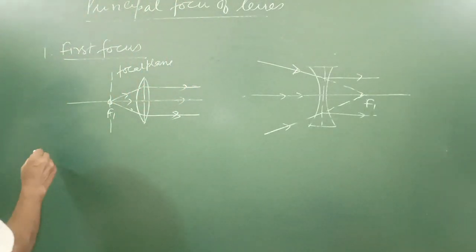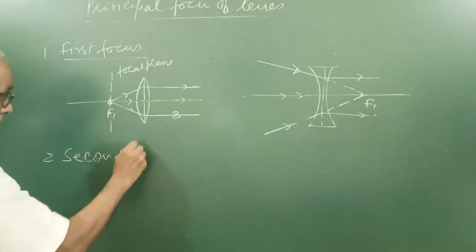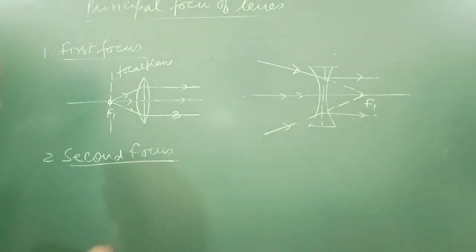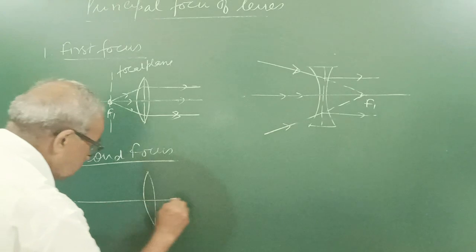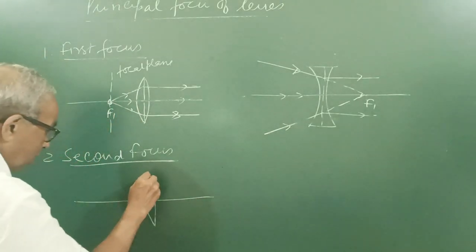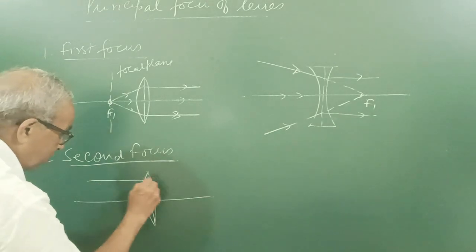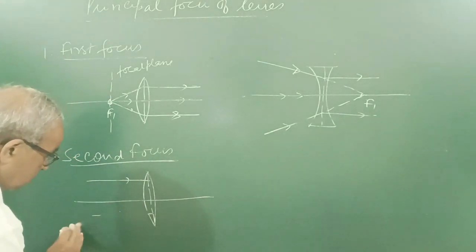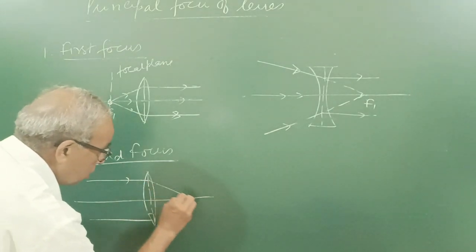Now second focus. Convex lens, rays parallel to the principal axis really converge to a point.